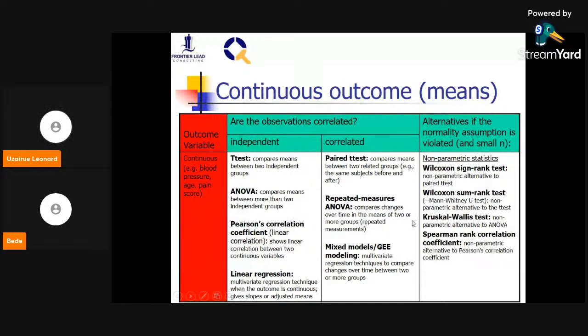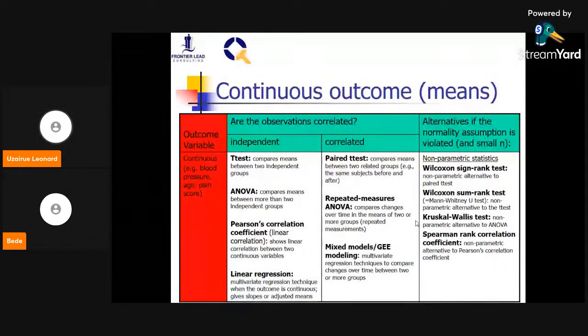But if you are looking at the cholesterol level in the Southwest, for example, let's say you have three groups of individuals, then you collected their cholesterol level in the first quarter of the year, second quarter, third quarter, and fourth quarter of the year.